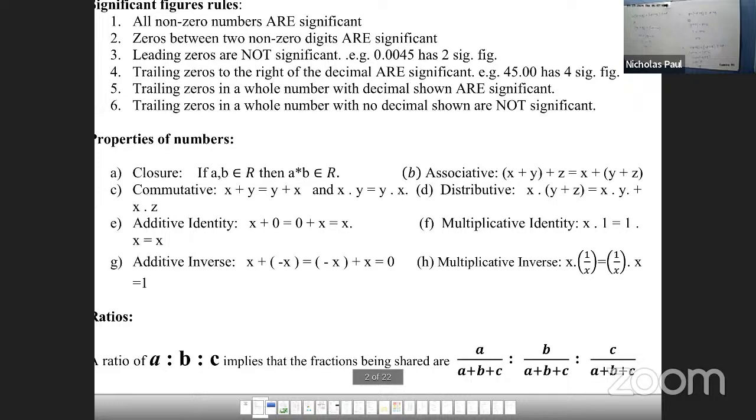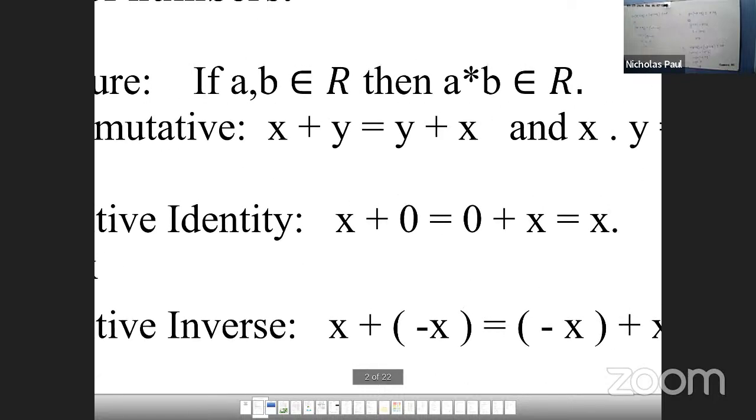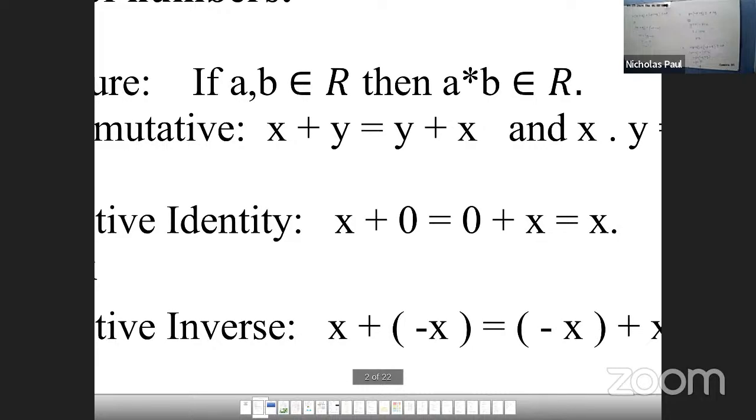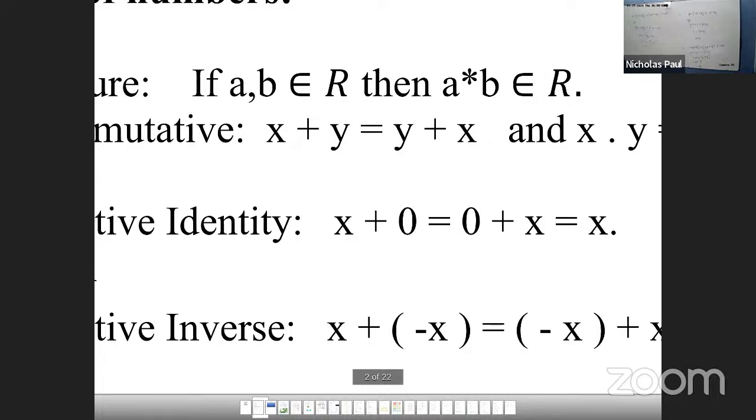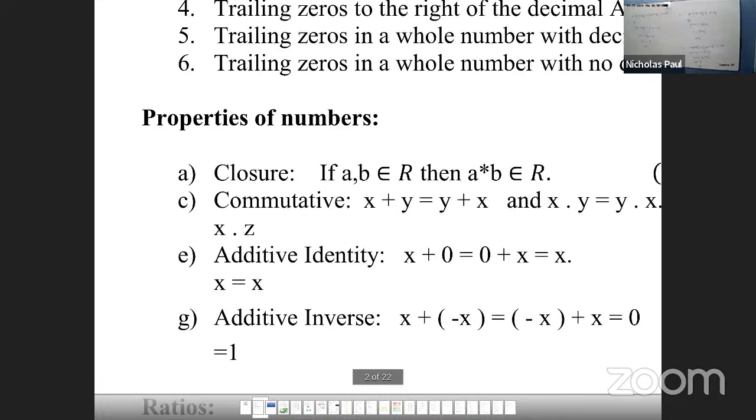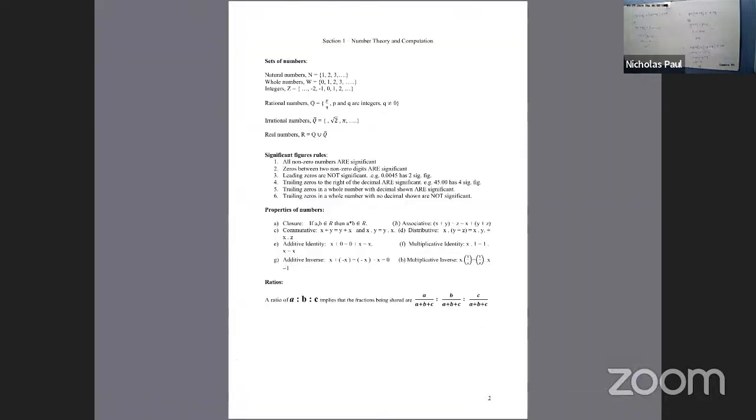All right. We're going to go over all these rules here. These are things that we do naturally in maths now, but there are rules. For example, additive identity: if you add 0 to x, what do you get? X. So 0 is an identity element. Those things we have been using. All right, let's go back to pure maths.